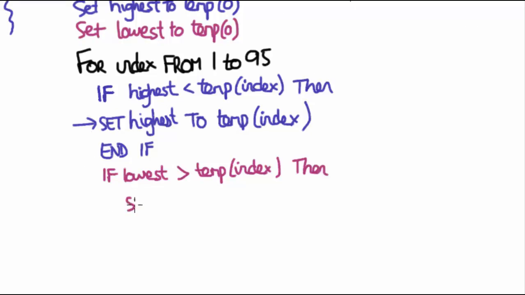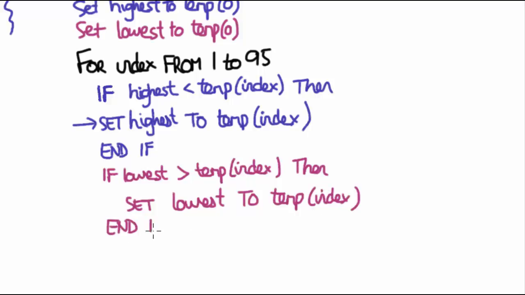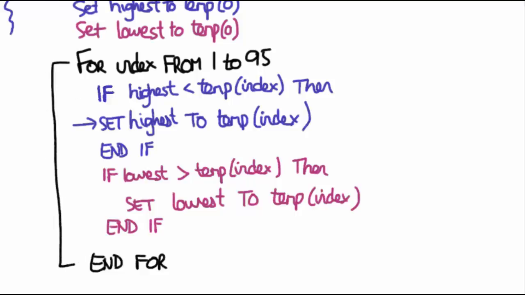So we then set lowest to temp at index, and do an end if. We'll stick with the color codes and do end for. When you're writing it, I would write it indented, because you can then see that you have ended the loops as well.